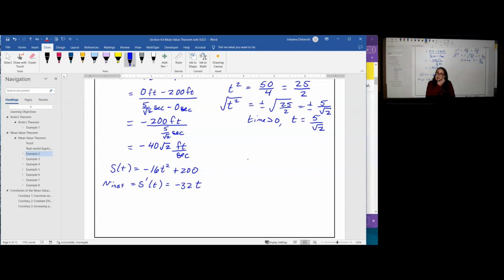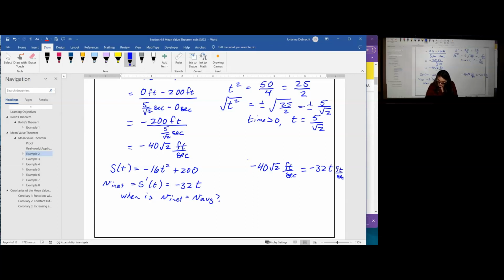I need to find the time when this is equal to negative 40 square roots of 2 feet per second. In this case, I need to set the two equal to one another and solve for the time. This gives me negative 40 square root of 2 feet per second equal to negative 32t feet per second.